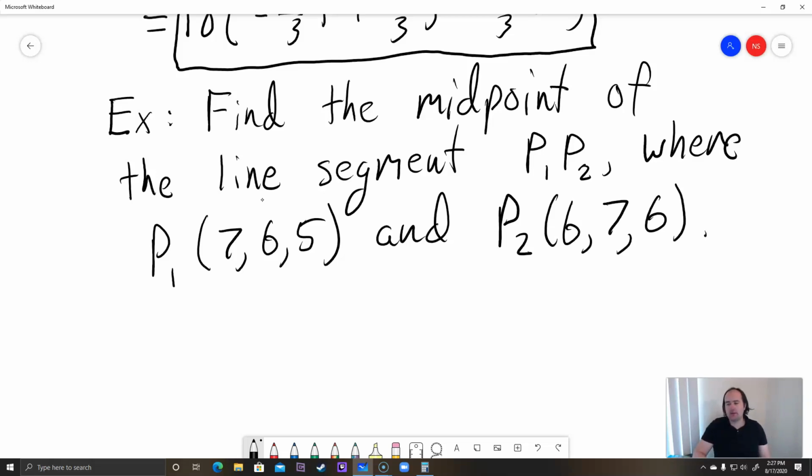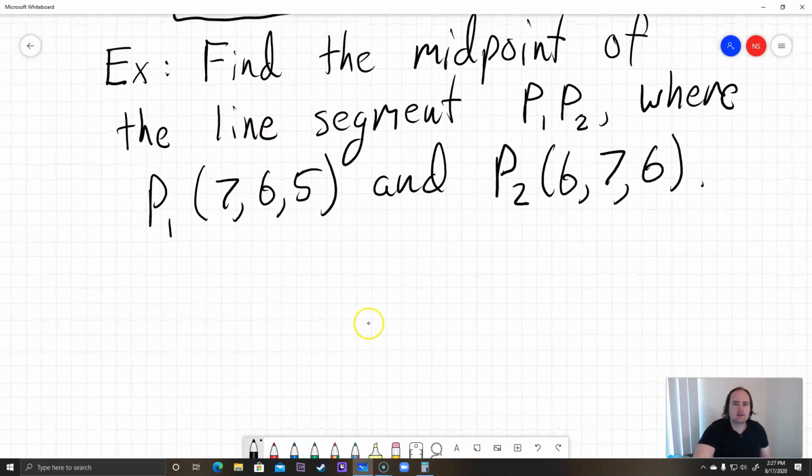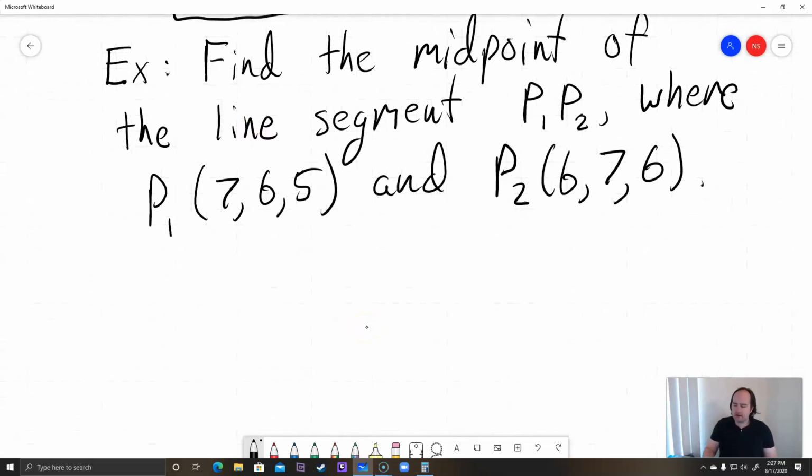Now the idea with a midpoint, I don't really want to graph it because there's only 2 problems in this section that involve this, but the idea is it's halfway between the starting point and the ending point. So if you wanted to know what's halfway between the initial point and the terminal point of your vector, you can find the midpoint. It's actually very straightforward to find. You just use the formula. So let me write down the formula.